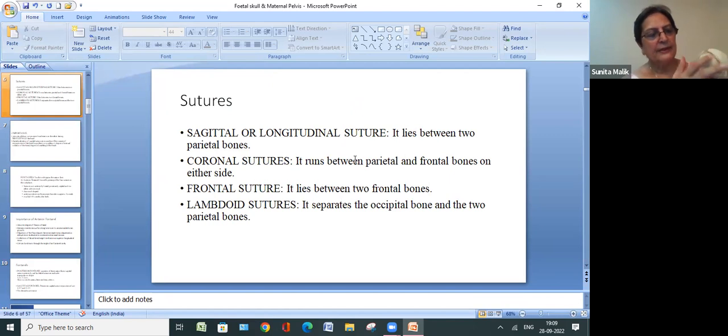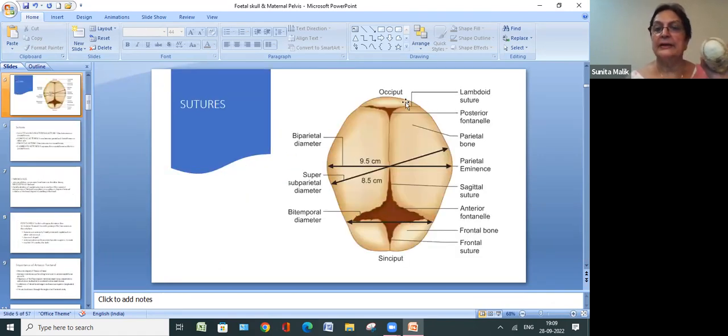This is the lambdoid, which separates occiput from the parietal bones. So coming again, the lambdoid suture, sagittal suture between the two parietal bones, and the coronal suture.